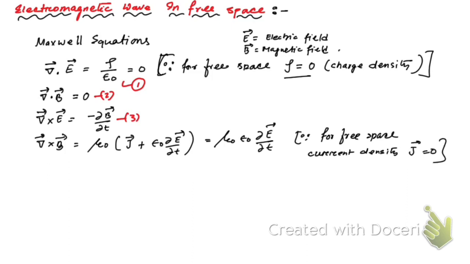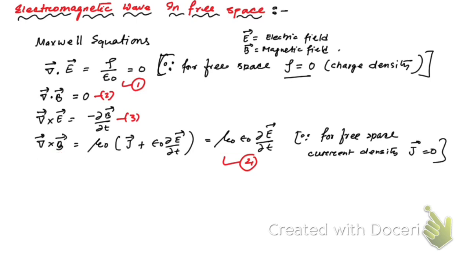So this is equation number 4. So that's why del cross B for free space is going to be equal to this. Hope you have understood this.